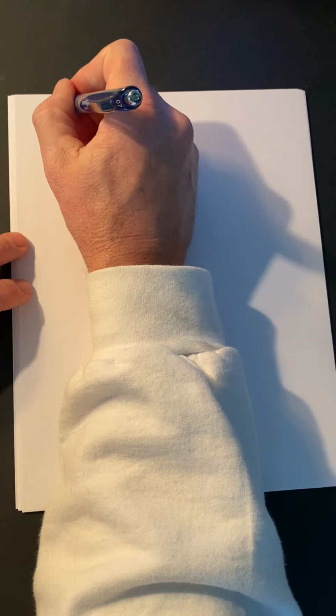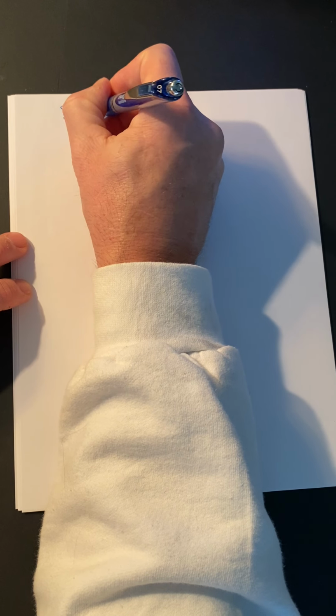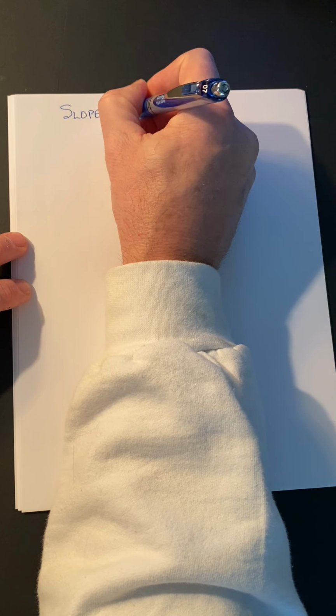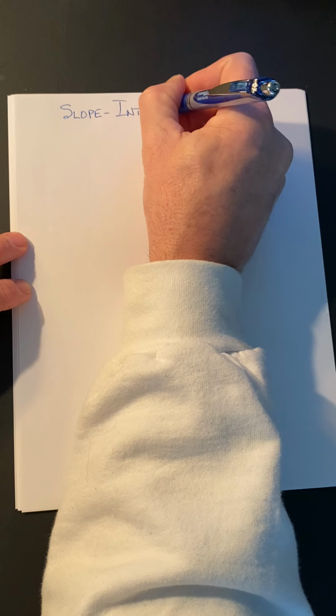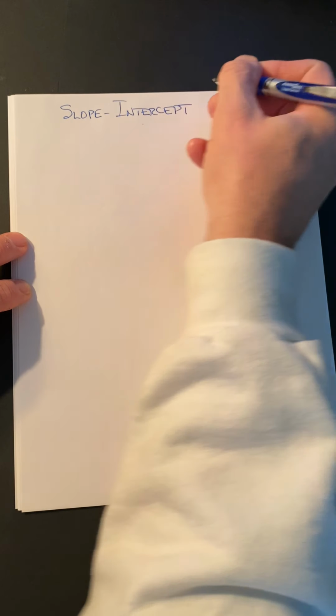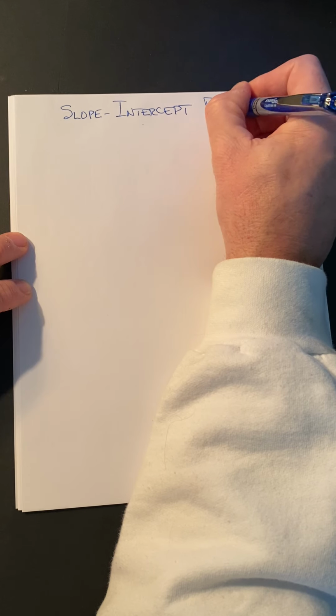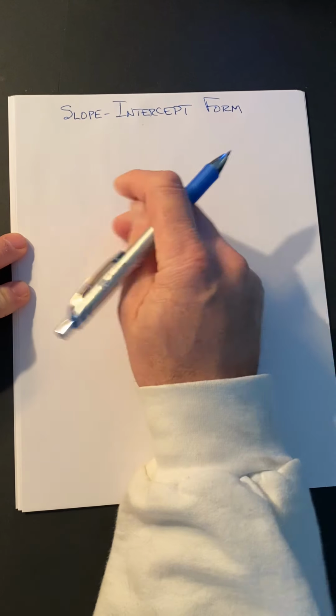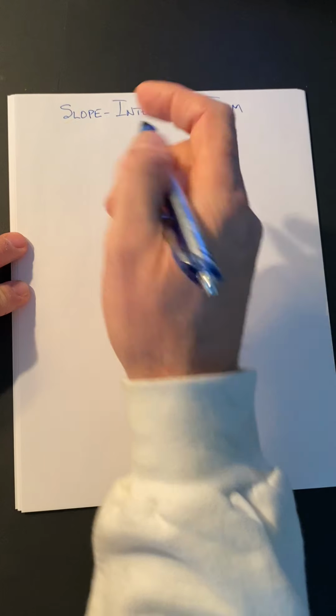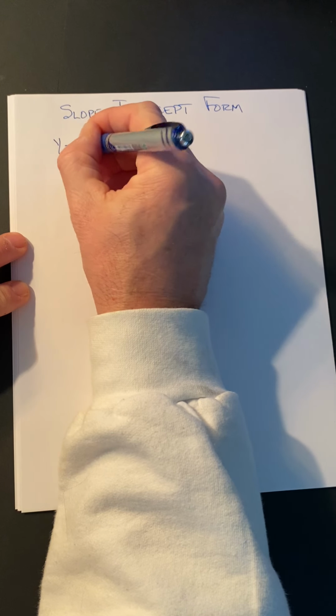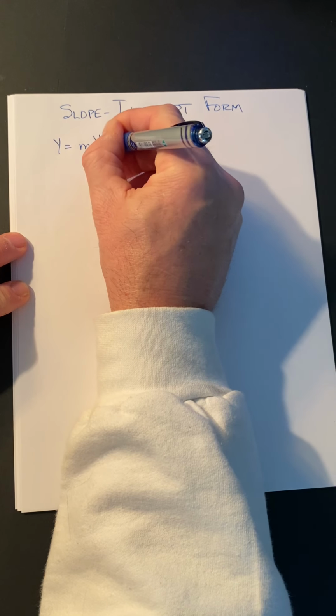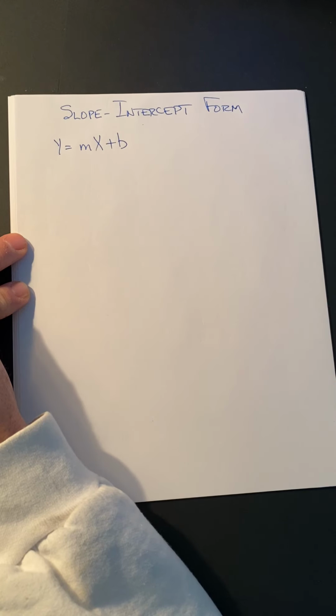So we've got another important thing to talk about here, and that happens to be something called the slope-intercept form of a line, okay? Now, many of you have probably seen this in some way, and that is y is equal to mx plus b, okay?